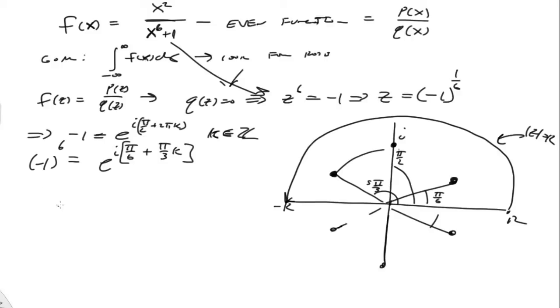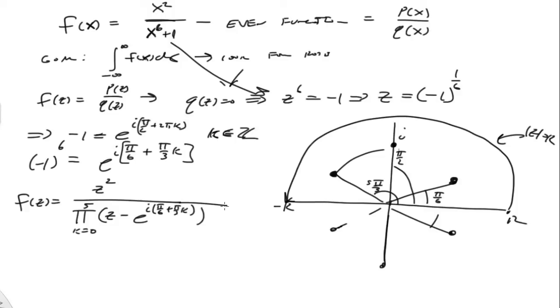All right, and so we can actually factor now. f of z can be factored as, we have a z squared in the numerator, and in the denominator, of course, we have that product of k equals 0 to 5 of z minus e to the i pi over 6 plus pi over 3k.